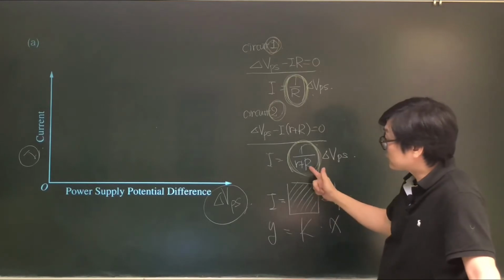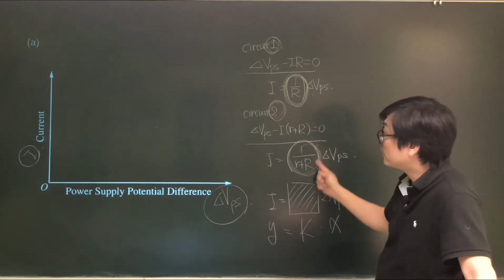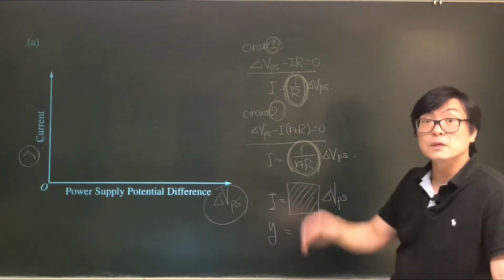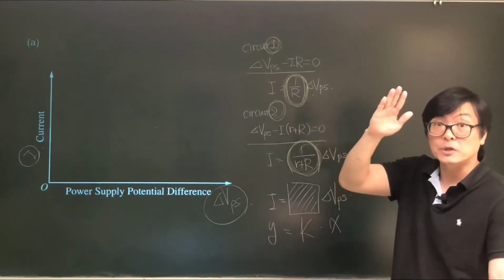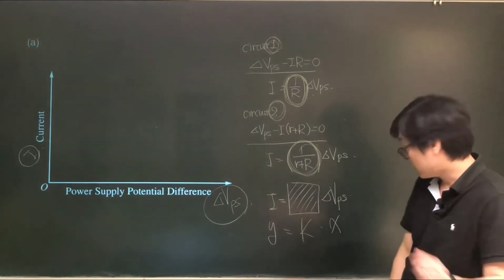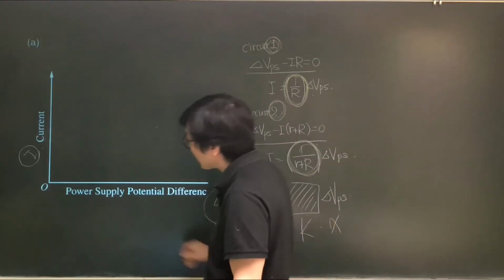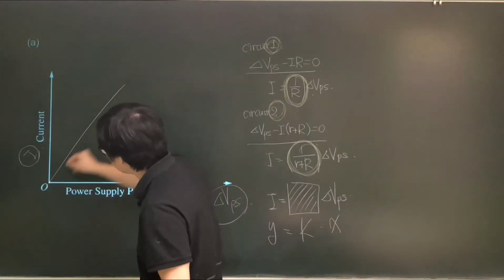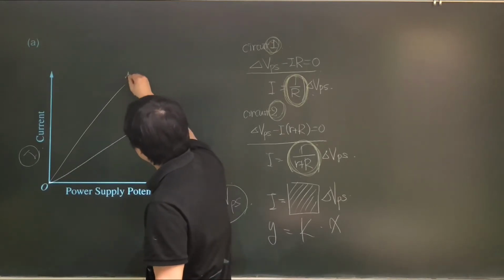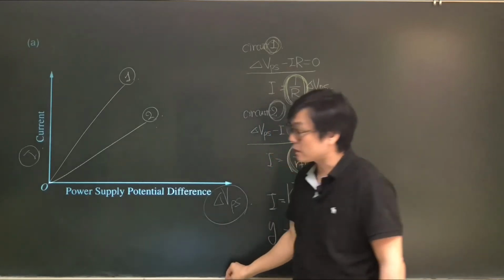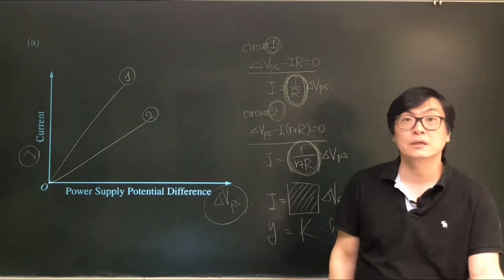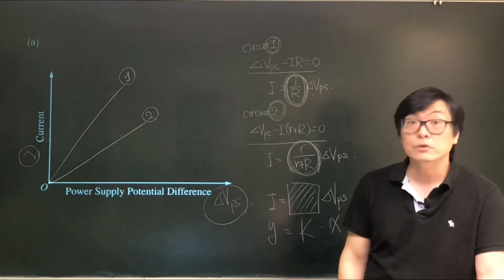Since the total resistance is greater, the slope for circuit 2 should be less, and the slope of circuit 1 should be steeper than circuit 2. So we draw two lines passing through the origin, and don't forget the labeling: this is 1 and 2. That simple graph is the answer for question A.